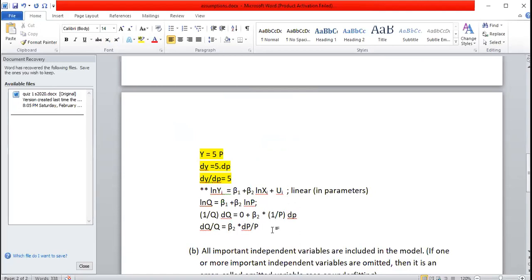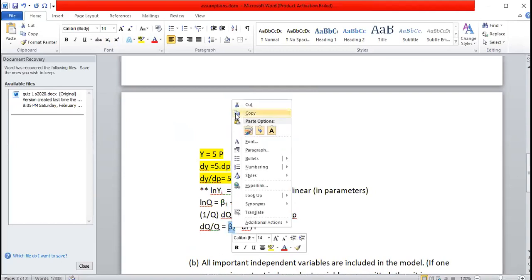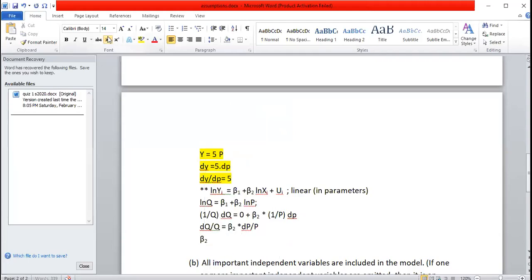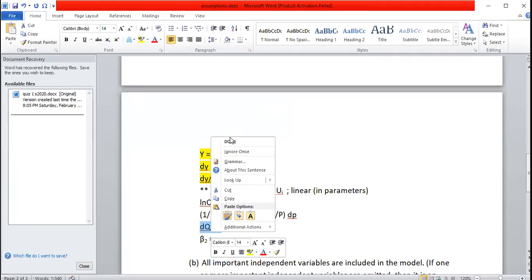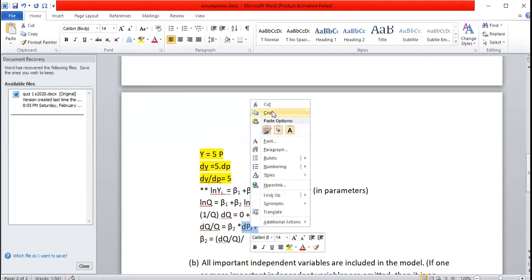Is it true? Now, what is beta 2 from here? Can you find beta 2 from here? I'll skip some lines for you guys so you break your head. dq by q divided by dp by p.